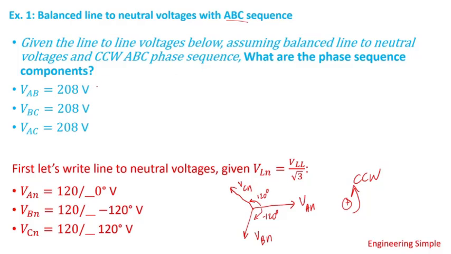So here are the line-to-line voltages. The voltage across AB is 208 volts, BC is 208 volts, and AC is 208 volts. So the first thing we need to do, since we're going to work with symmetrical components, is get the line to neutral voltages.